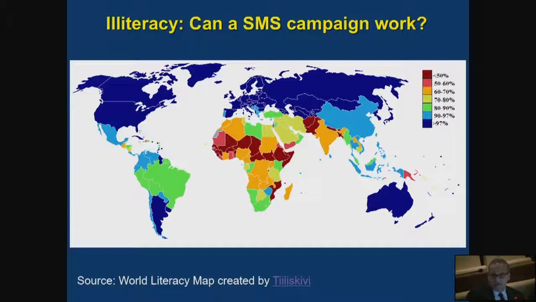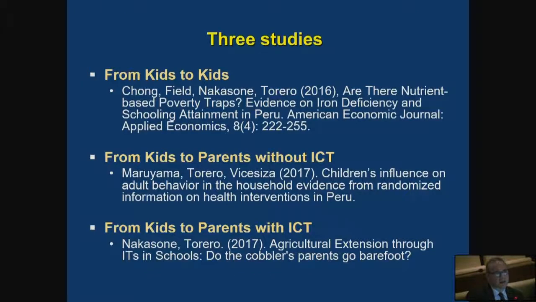If people cannot write and read, how do you expect them to understand an SMS? Even if you look at many of the SMS messages today, they're pretty complex. Weather alerts, for example, are very difficult to understand. So how can we jump over this constraint? Kids are a great option, I think, and that's the way to go for me, but it's important to be careful in how we skip that constraint.